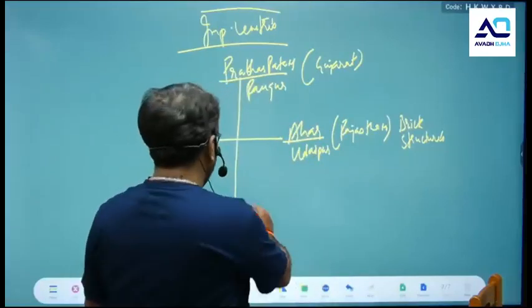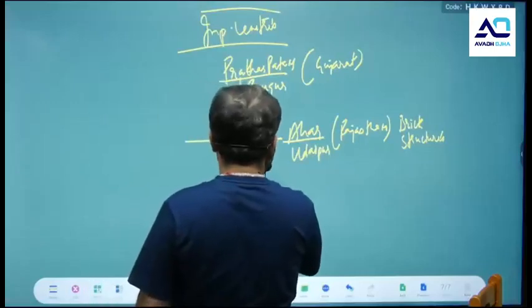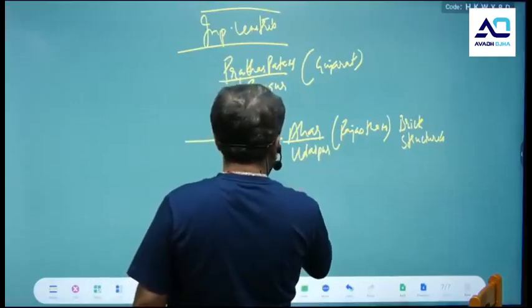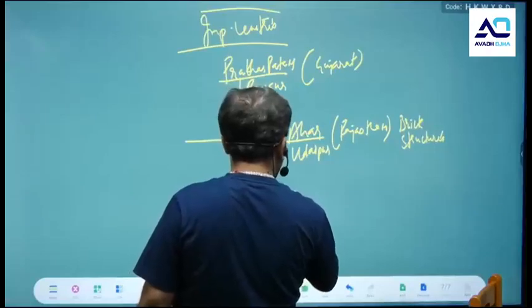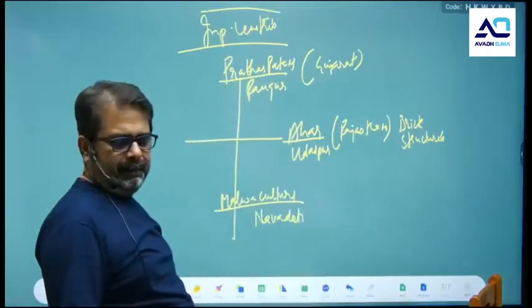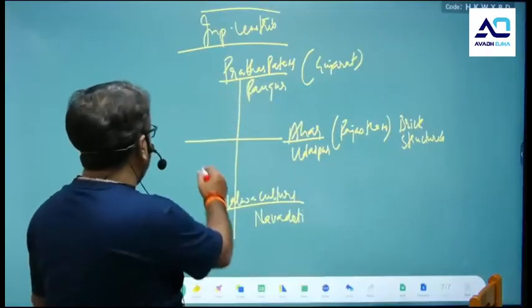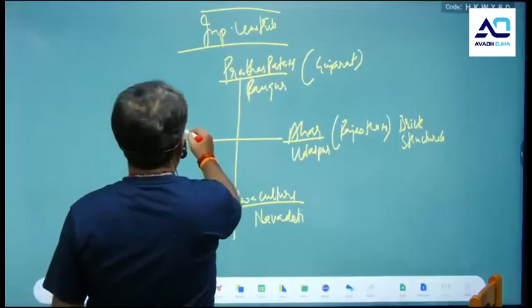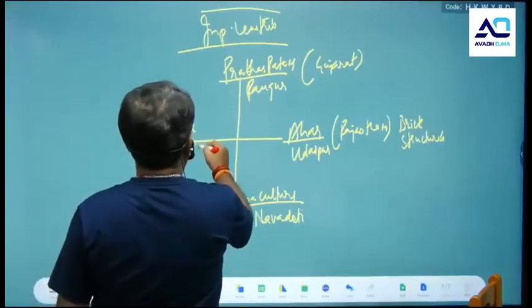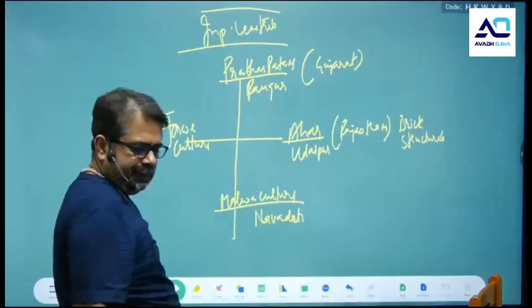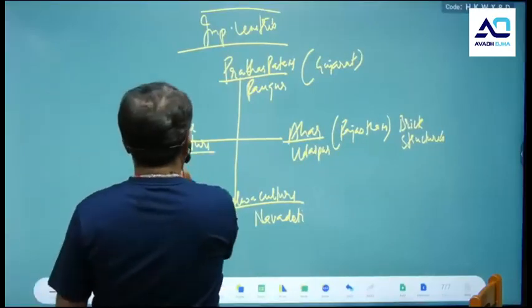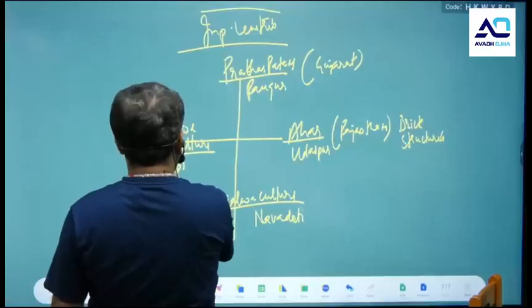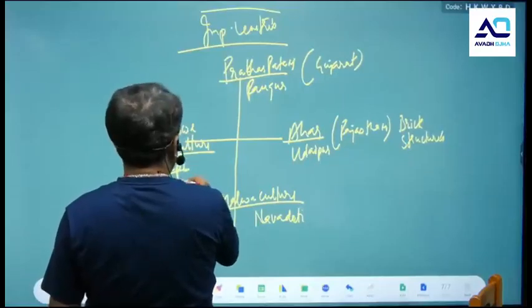Malwa culture, larger settlement Navdatoli. Jorwe culture, in the valleys of Tapi, Narmada and Bhima.